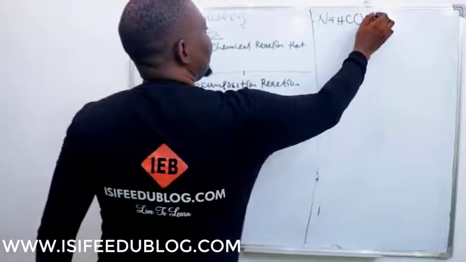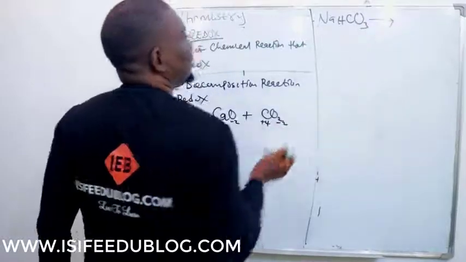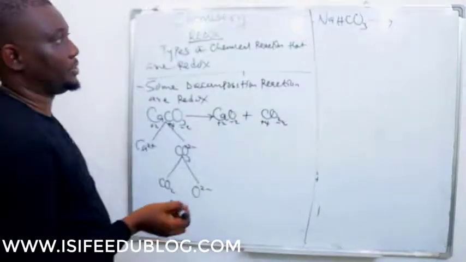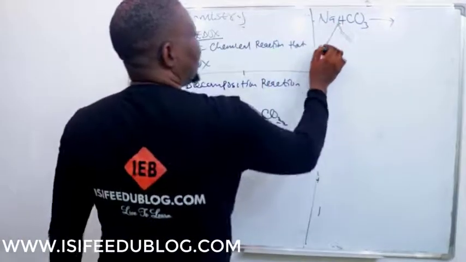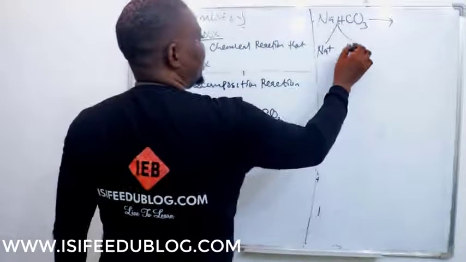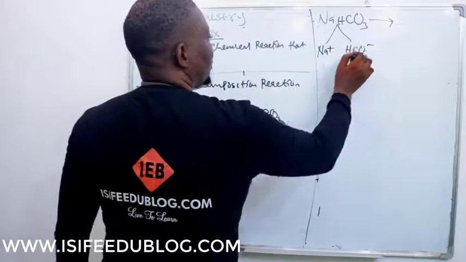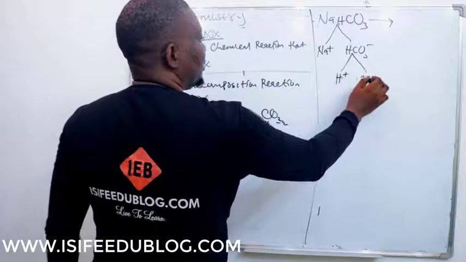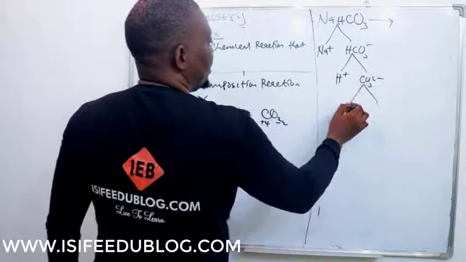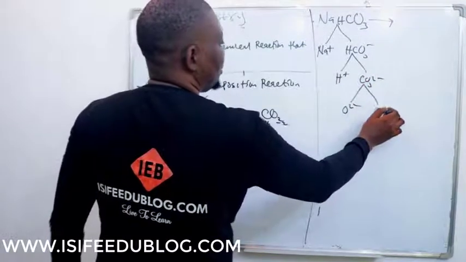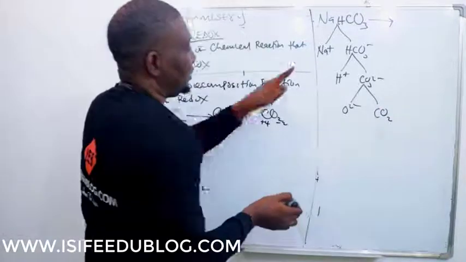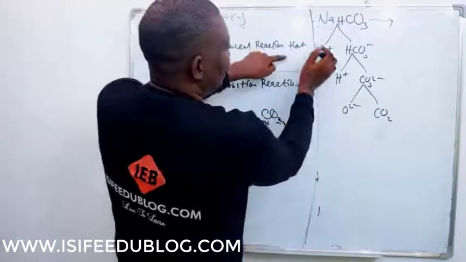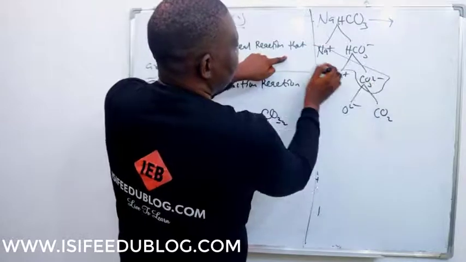NaHCO3. Let's see if you can decompose this and see if it's redox. We first decompose this way. Since sodium is in group 1, here it is Na+. Here we see HCO3- going like this: H+ and CO3 2-, again O2- and CO2. This cannot combine with this again, but this one goes with this to form what?